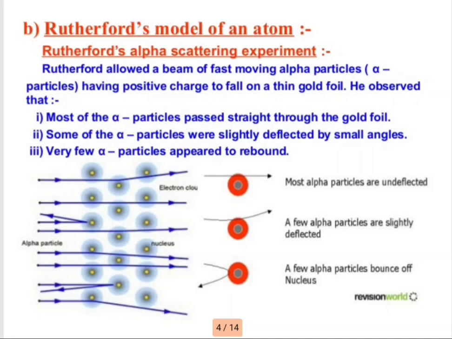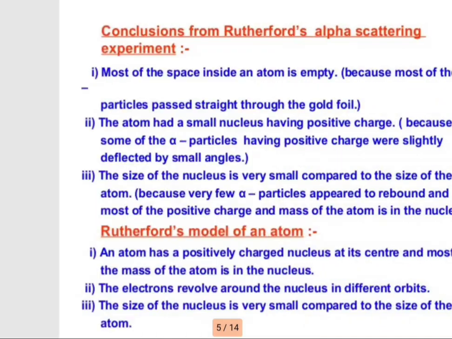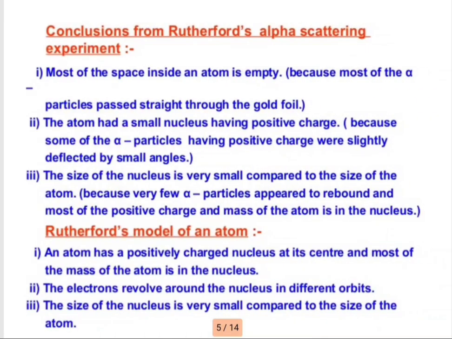Okay, and its conclusion is that the atom has a small dense nucleus, electrons revolve around the nucleus, and most of the atom is empty. Okay, recall its experiment, conclusion and Rutherford's model of an atom.